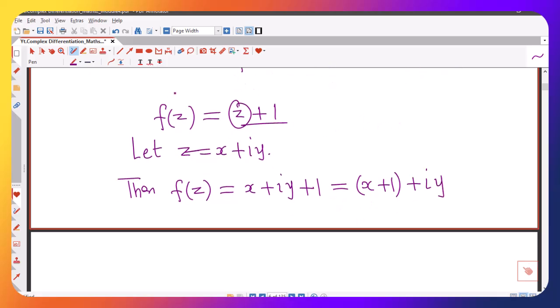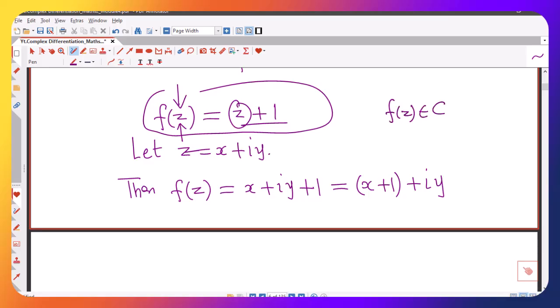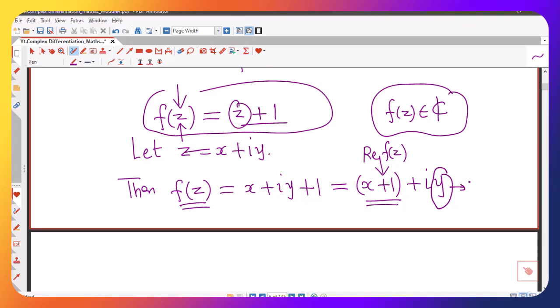Now we know that f is a complex function, so for any particular value of z from the set of all complex numbers, f(z) is also a complex number. So f(z) is a complex number whose real part is x plus 1, and imaginary part is y.